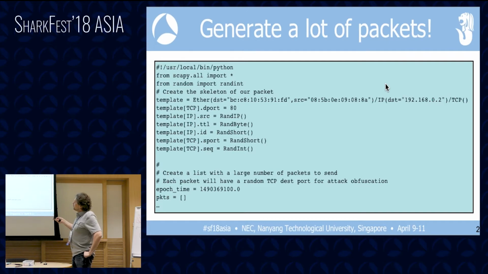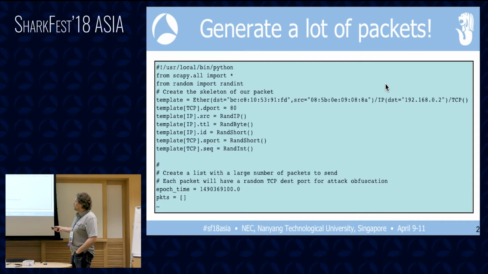And you see that there's different sorts of random functions in Scapy. You can just randomize IP addresses, bytes. Short is a 16-bit value, and an integer is a 32-bit value. So these generate all the random values that you need. And let's see, I think I need the second screen for this.